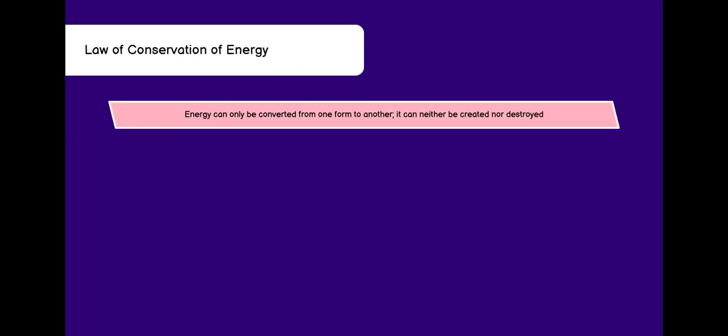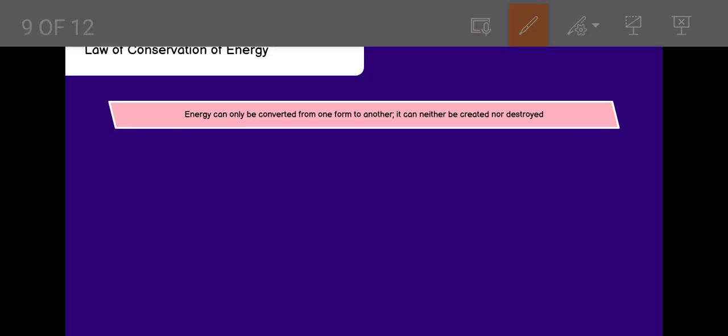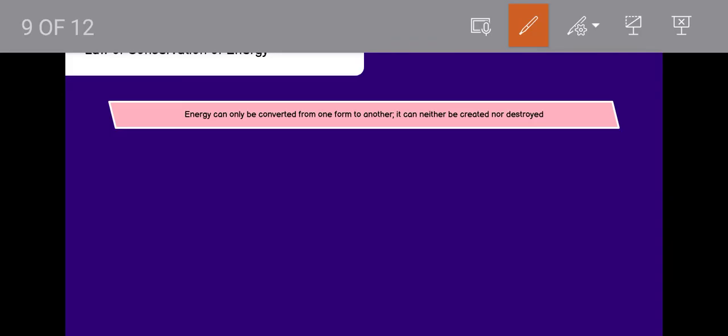So law of conservation of energy. Energy can only be converted from one form to another. It can neither be created nor destroyed. So if I take an example of, I have kept an object on the mountain. So here we'll have the highest potential energy because of its height. Right?